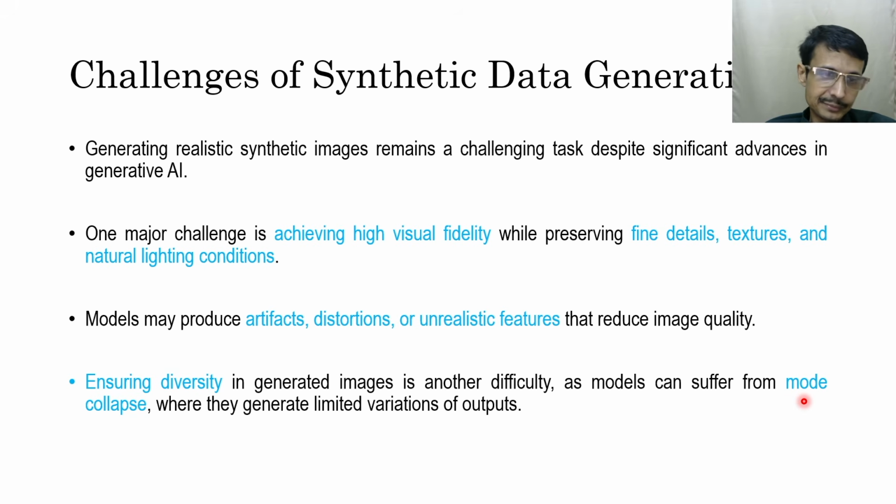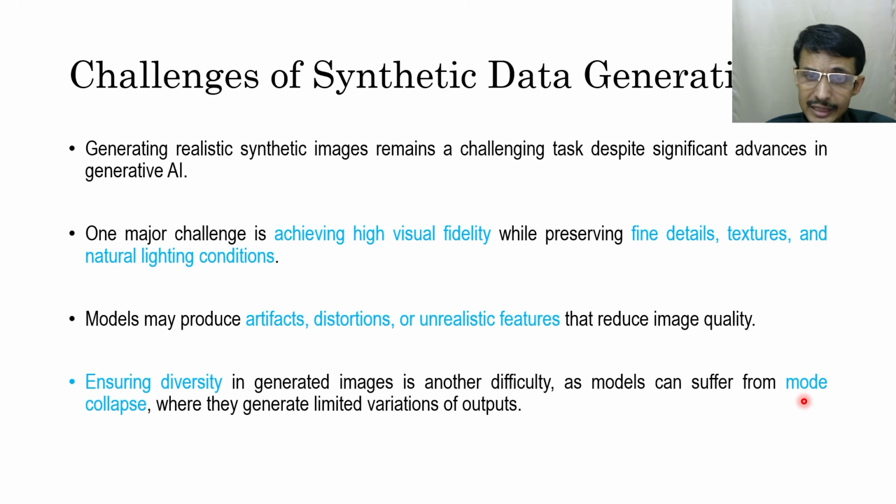Another important thing is ensuring diversity. Let's say we are generating synthetic data of some flowers. One thing we can observe is that sometimes these generative models generate very similar kinds of images, here the flowers.